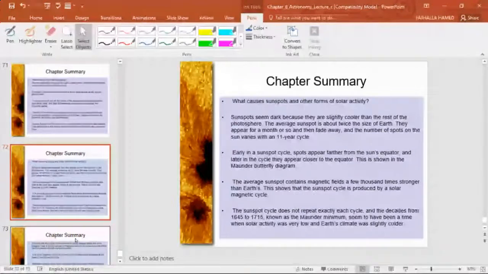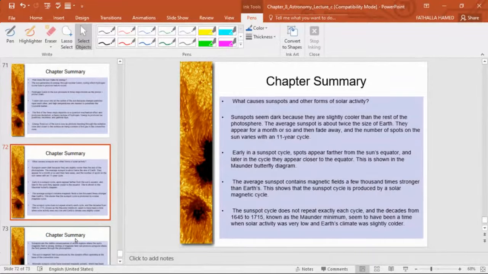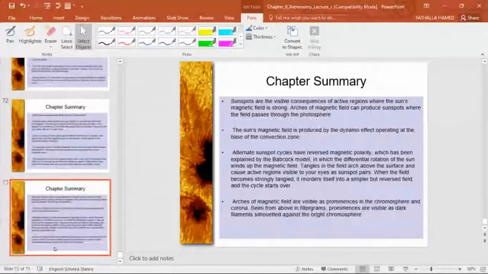And then we talked about sunspots, which come from solar activity. We said they vary from maximum to maximum every 11 years, which has to do with the reversal of the magnetic polarity. And we talked about the Maunder butterfly and the Maunder minimum as well.